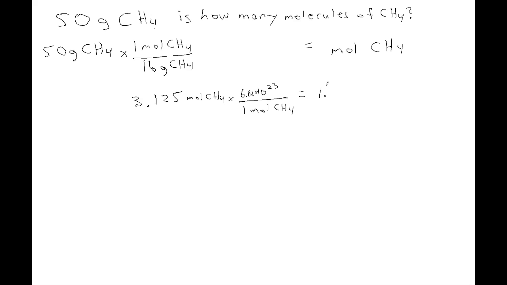Let's see. On my calculator, that would round to 1.9 times 10 to the 24 individual molecules of methane. Okay, well, that's good. That was a harder problem than the ones we did before, but you figured out a method and you got the right answer. So that's a good adaptation to that problem.